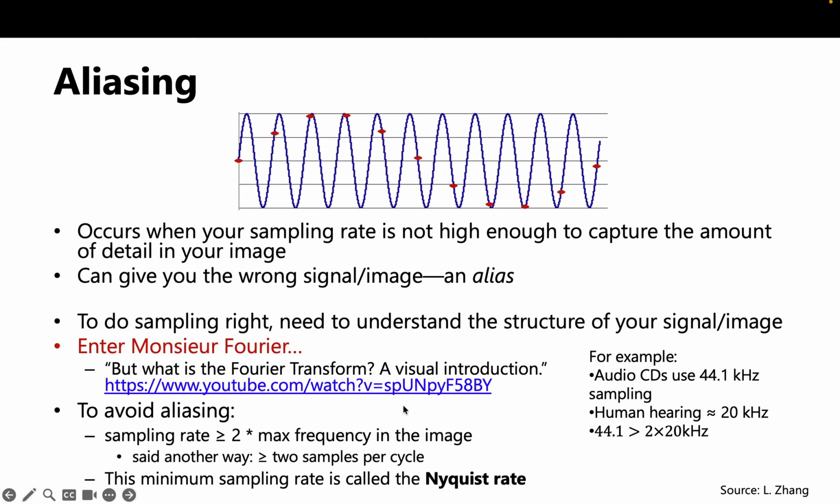And then to avoid aliasing, usually the sampling rate must be larger than or equal to 2 times the maximum frequency in the image. Or to say it another way, larger than or equal to 2 samples per cycle. So this minimum sampling rate is called the Nyquist rate.